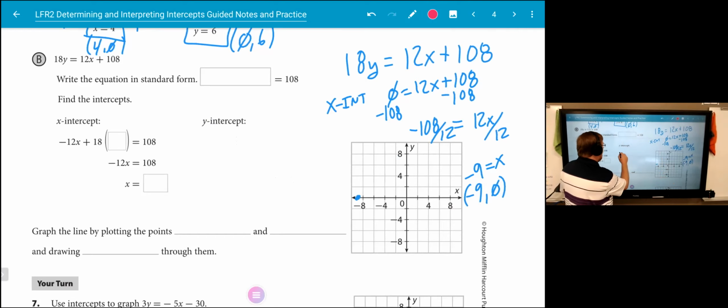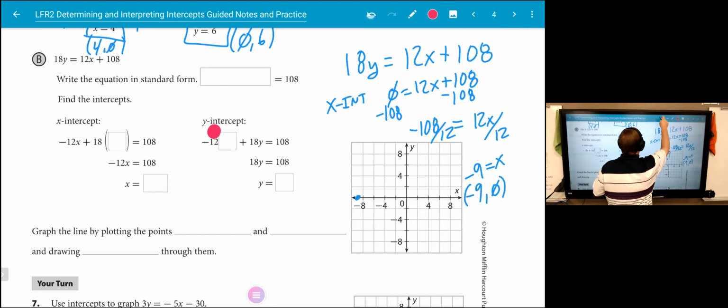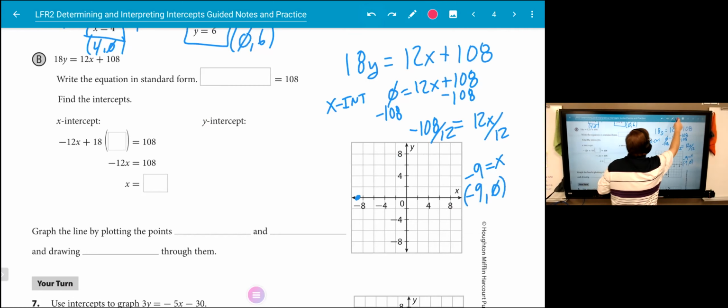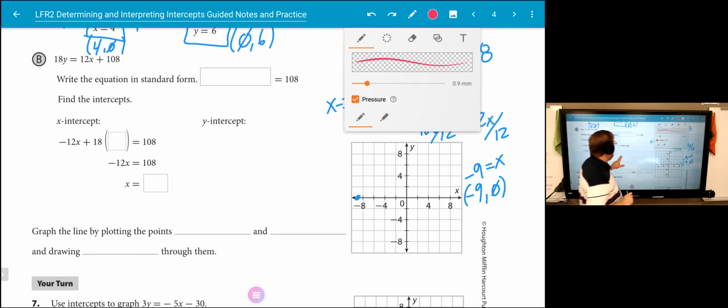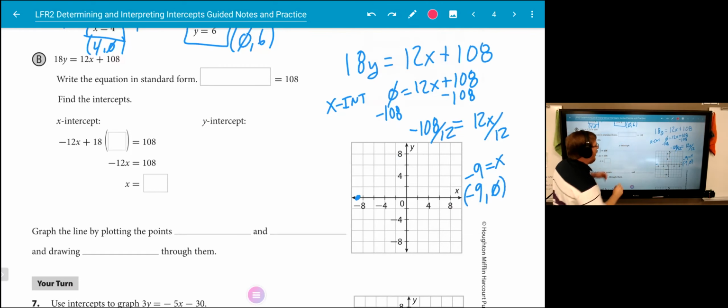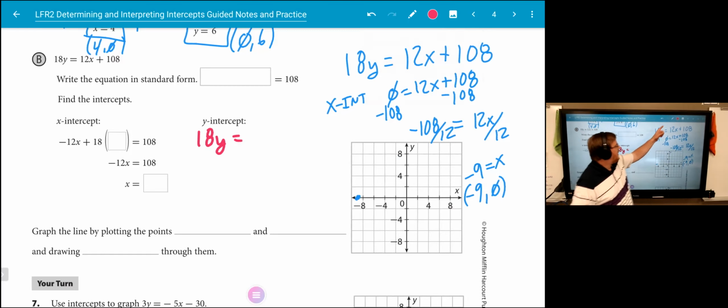So I have 18y equals 12 times x, but x is 0, so this is just gone, equals 108.